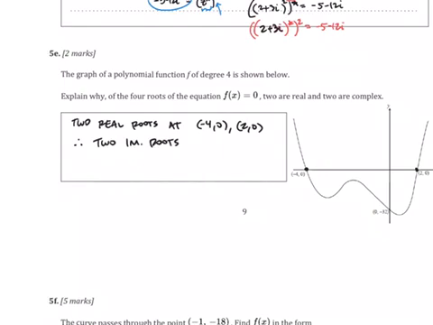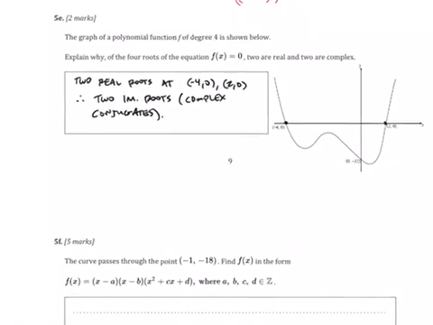Write out that whole word when you do this on the exam. And they are complex conjugates. Awesome. Let's move on to part F and see what that's got in store.